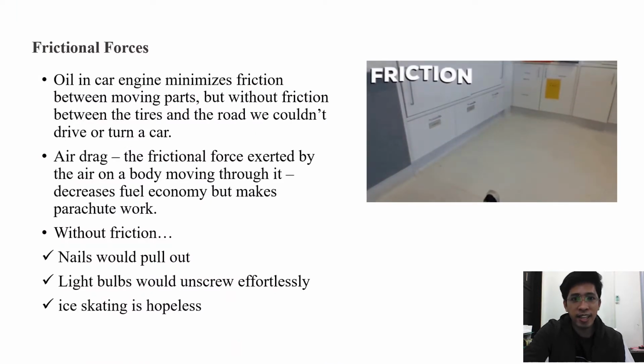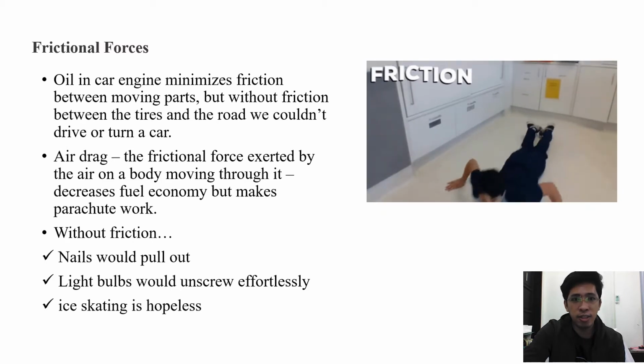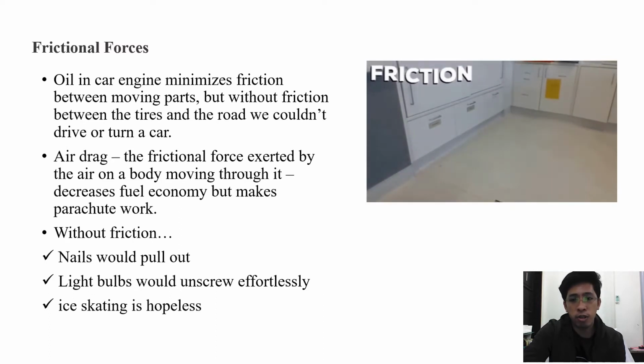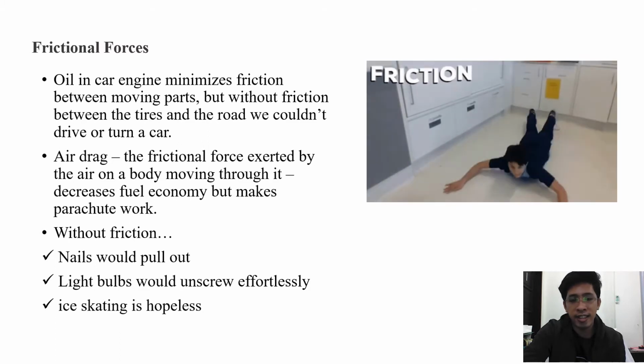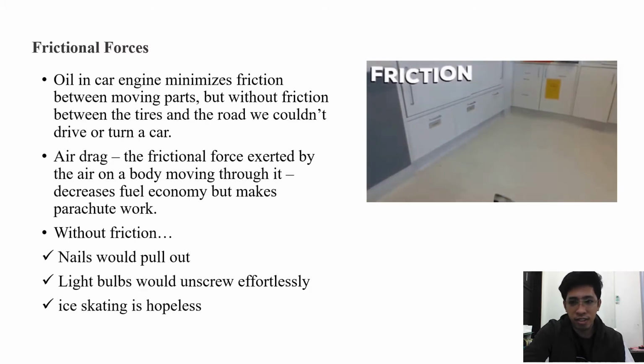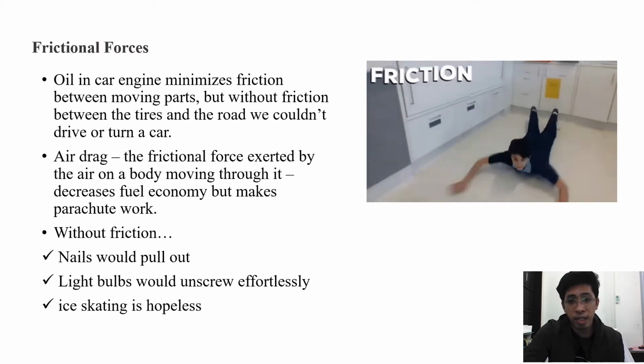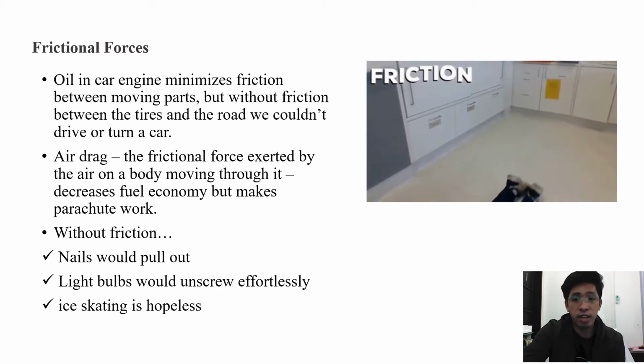Oil in a car engine minimizes friction between moving parts. You usually call this your lubricant. But without friction between the tires and the road, we couldn't drive or turn a car. So friction should be minimized in engines, but we need friction when it comes to driving the car.